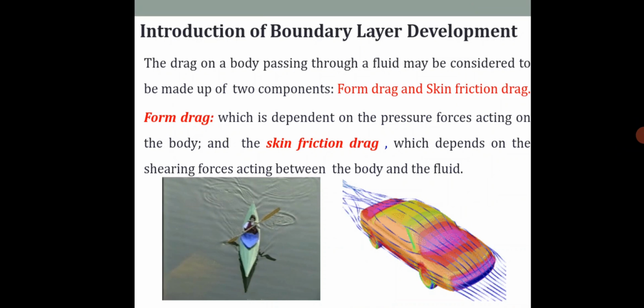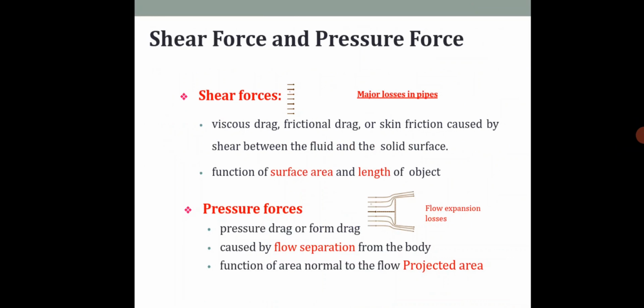Form drag depends on the pressure forces acting on the body, and skin friction drag depends on the shearing forces acting between the body and the fluid. Again, I repeat, form drag depends upon the pressure forces, and skin friction drag depends on the shearing forces that act between the body and the fluid.